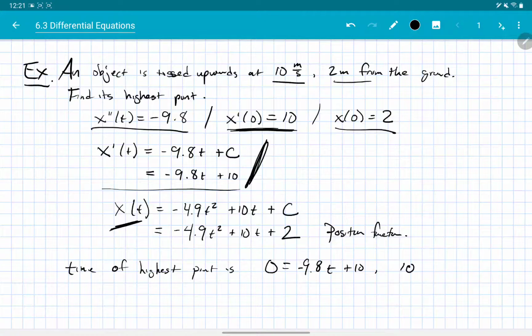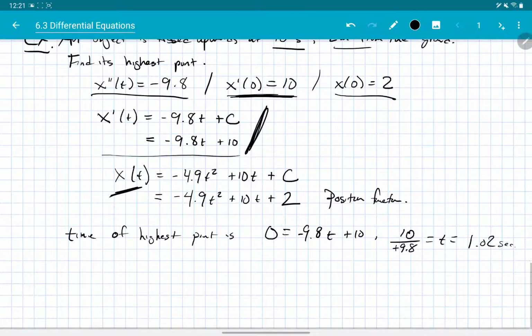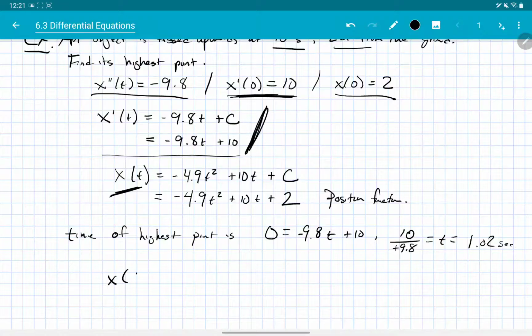So that's 10 divided by 9.8 is t, which is 1.02 seconds. And then when we plug that back in to the position function, that's going to tell us how high we are. And that's what we're supposed to find. We're supposed to find the highest point.